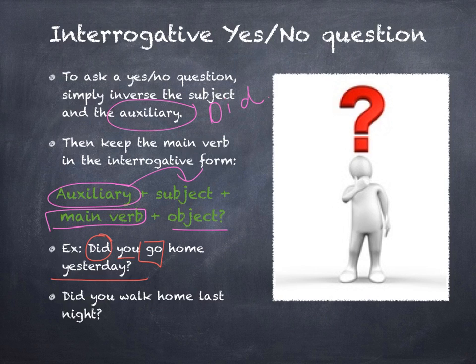That's my keyword. So auxiliary, subject, verb in the infinitive form. In the second example, it's the same thing. This time my verb is regular, but it doesn't change anything, only in the affirmative form. Auxiliary, subject, walk, my verb in the infinitive form, and then that's my keyword, last night.